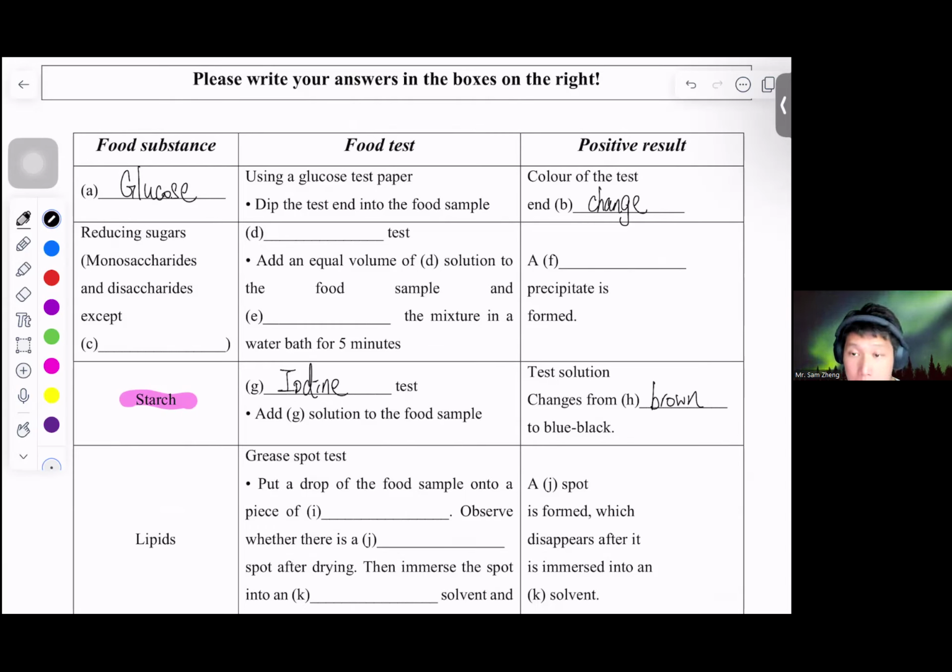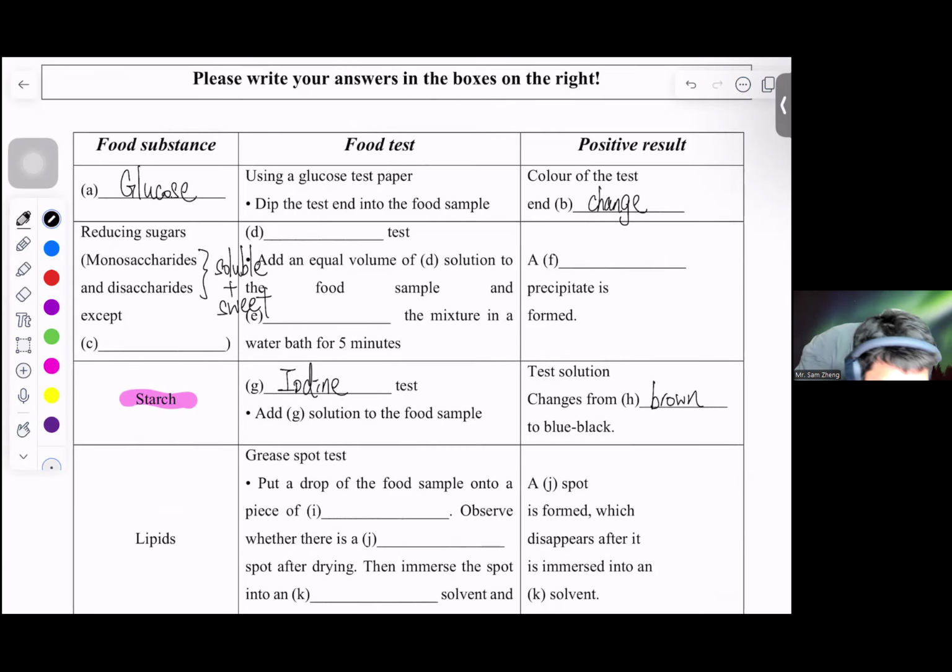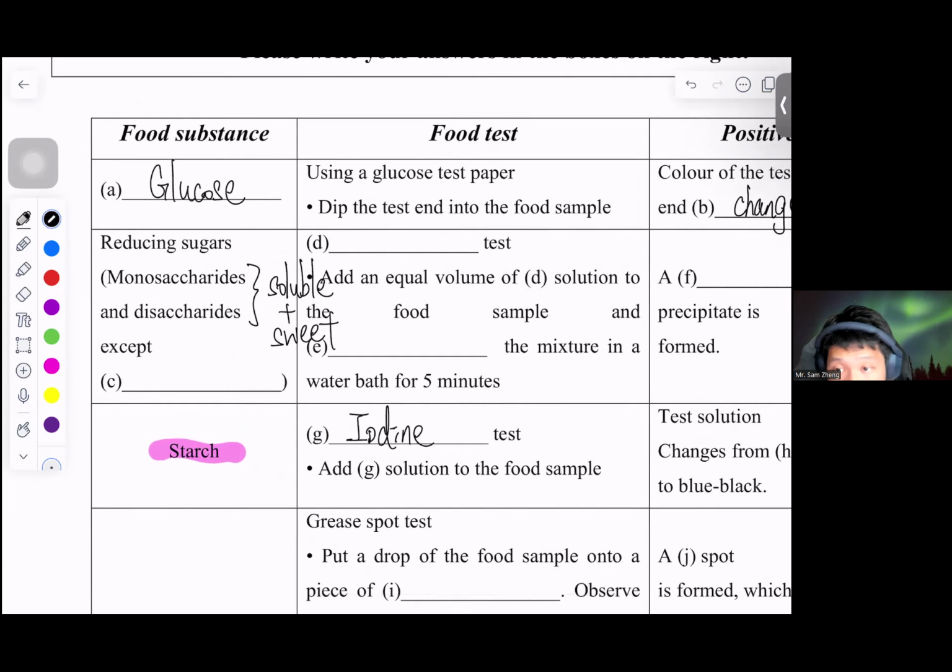However, there is a type of sugar that is not reducing, but it is also a type of disaccharide. Both monosaccharides and disaccharides are soluble and taste sweet. They can dissolve in water because they are soluble in nature.